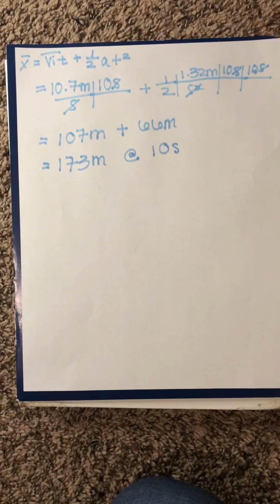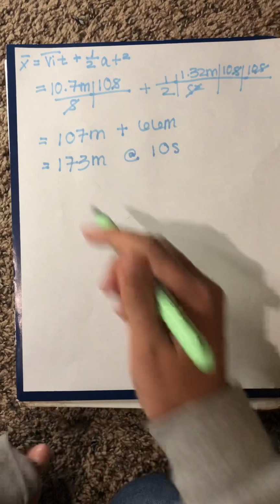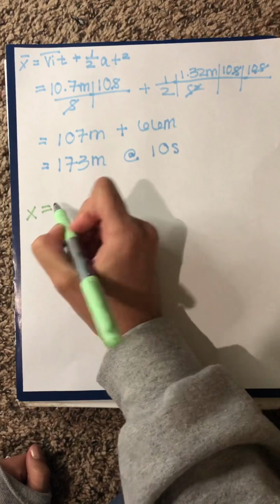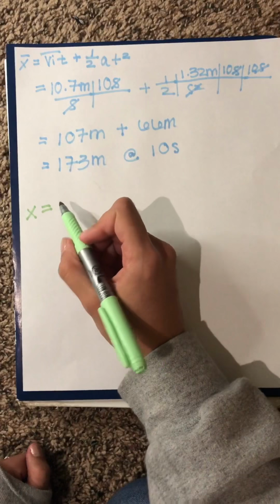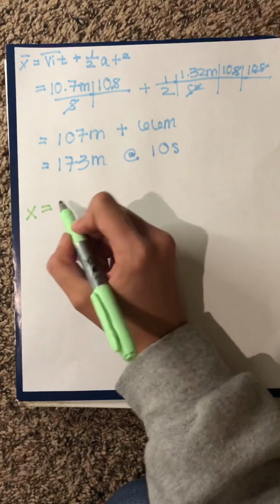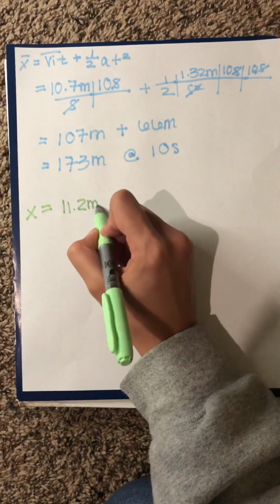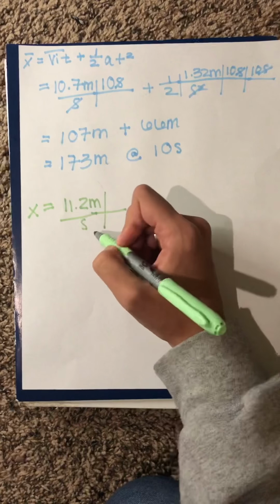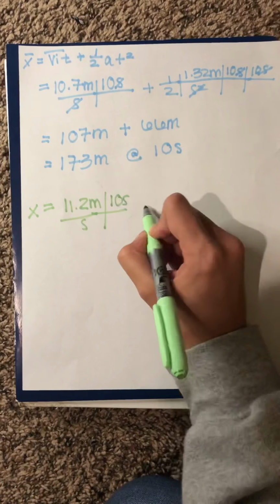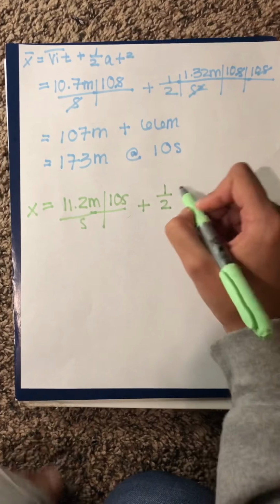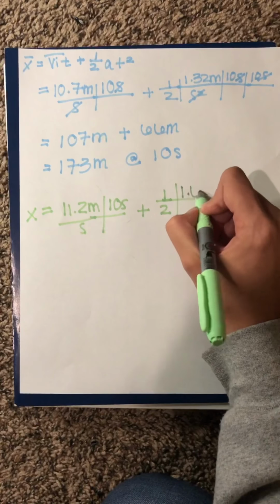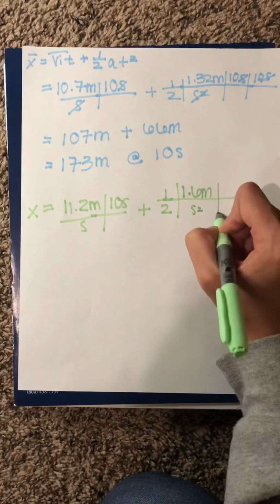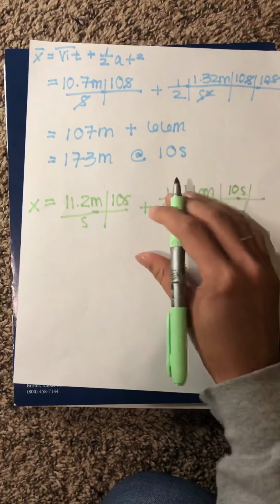We can now move on to the second go-kart. We will be using the same equation and the information we have gathered before, but now just incorporating time as 10. So we know the initial velocity is 11.2 meters per second, and we now have a time of 10 seconds, plus 1/2 the same acceleration from before as 1.6 meters per second squared, and the new 10 seconds.